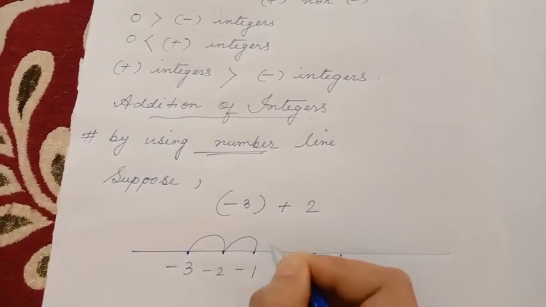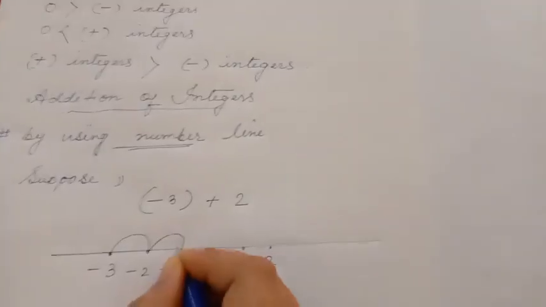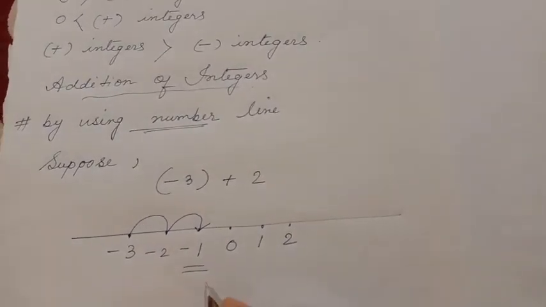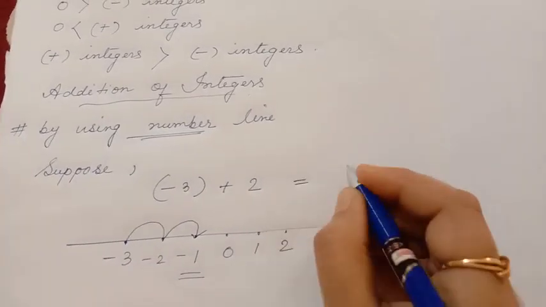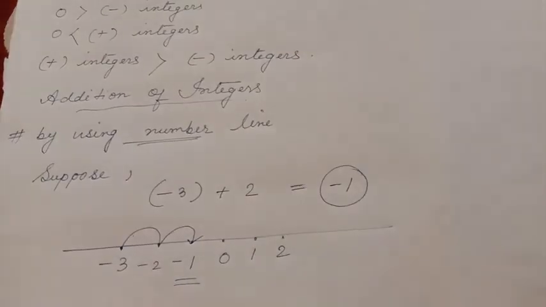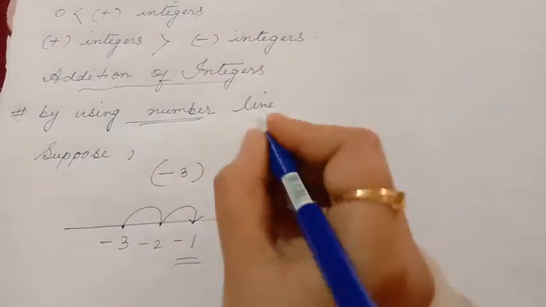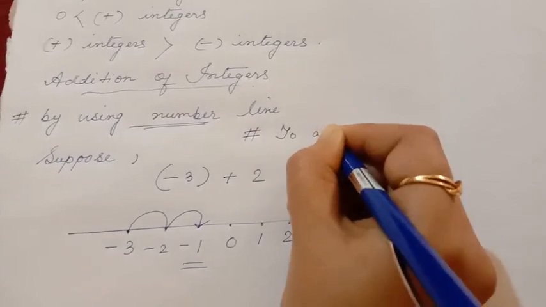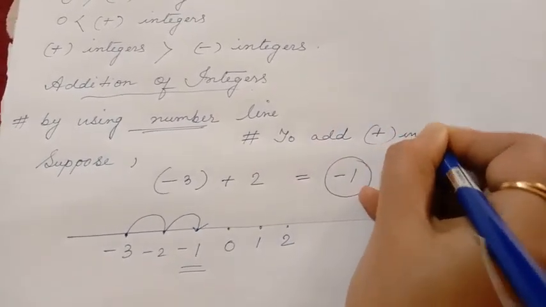So by moving 2 units to the right side, we get the number -1. So the answer would be -1. So this is for adding positive integers.